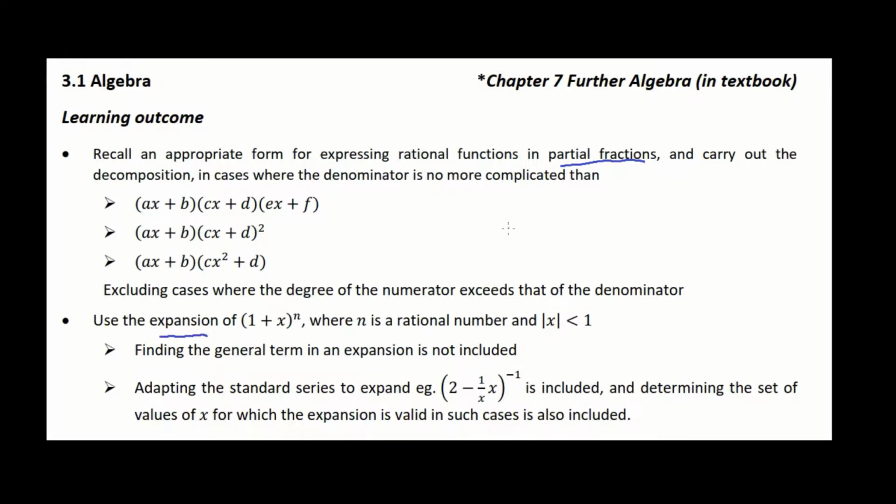For today's lesson, there is no new content, but I want to go through with you the questions where we combine both partial fractions and the binomial expansion together. That's why there are just two examples today, because I want you to spend more time doing your past year questions and also go through your semester one exam paper.